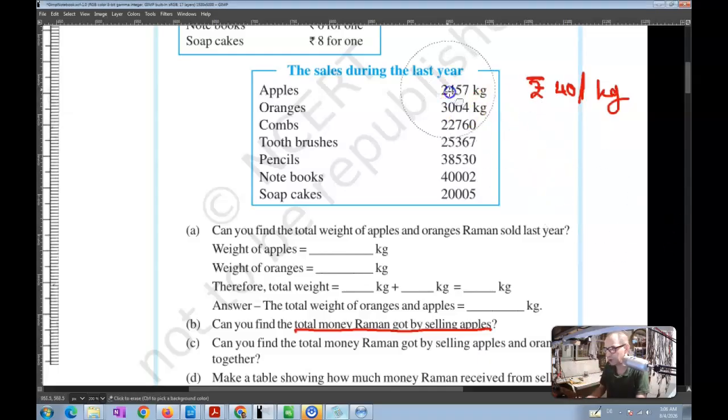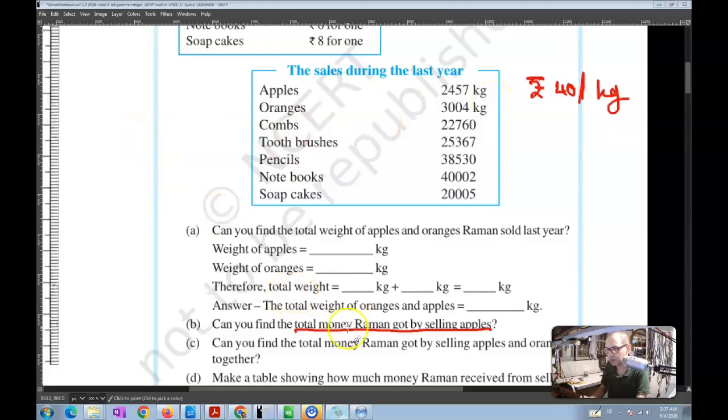And therefore, if I sell 2,457 kilograms, then the amount of money that I will obtain from this transaction is going to be 2,457 times 40, and the price is going to be in rupees, right?